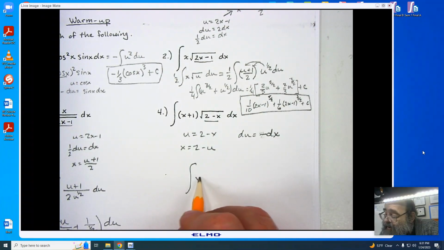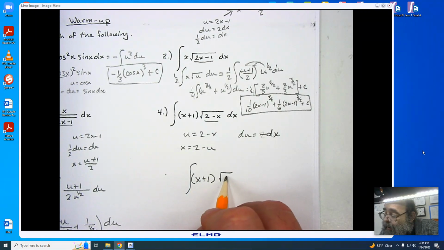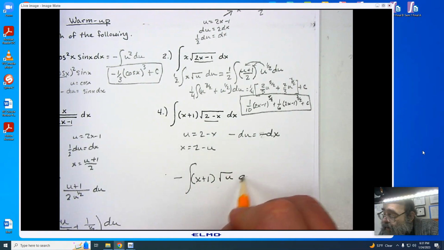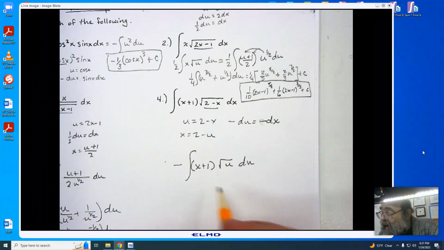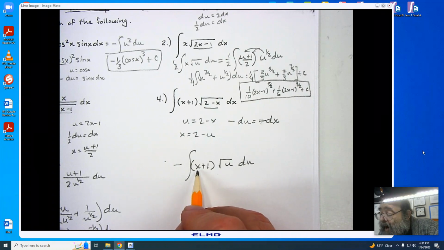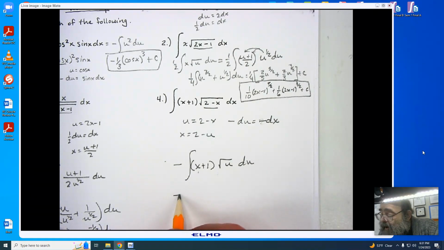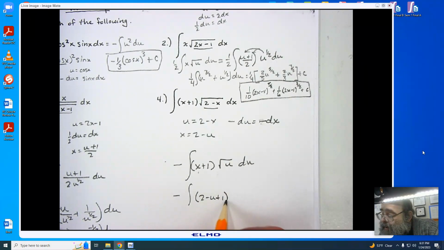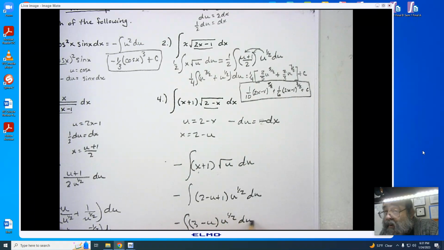Notice that I have an x plus 1, and I have the square root of u, and I have a minus and my du. Alrighty, now I have to plug in my x right here. This is going to give me negative, and I have 2 minus u plus 1 times u to the 1/2 power du, and this simplifies to 3 minus u to the 1/2 du.